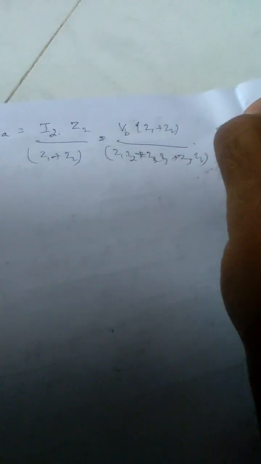Substituting the value of I2 found previously, VB into Z1 plus Z2 divided by Z1 Z2 plus Z2 Z3 plus Z3 Z1, into Z2 by Z1 plus Z2.